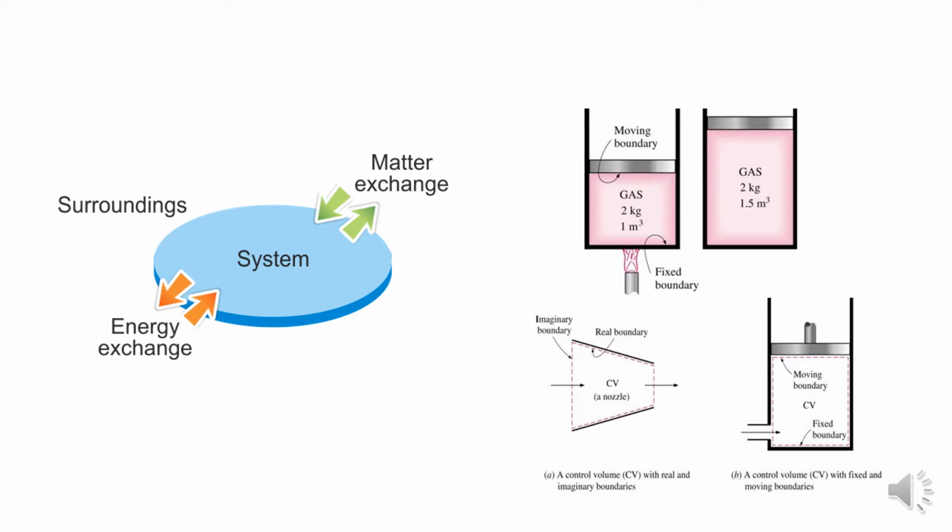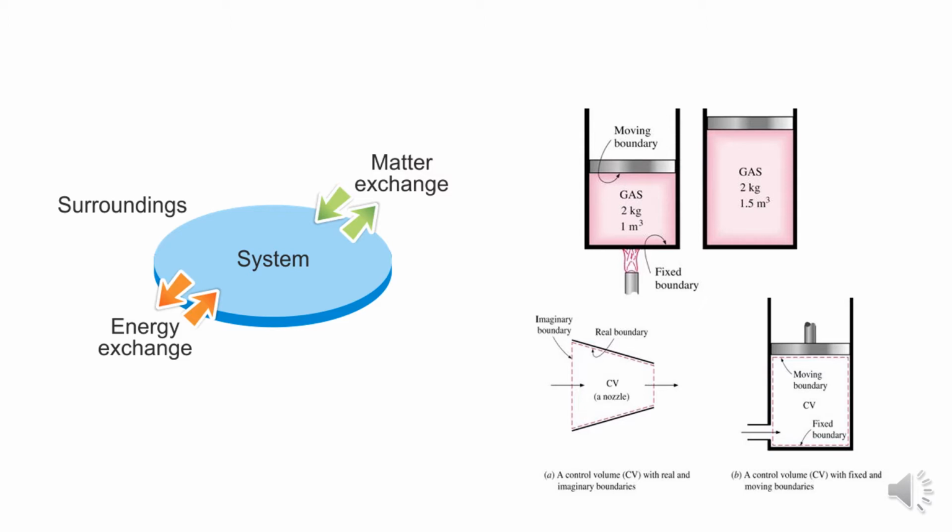Then the system itself can be taken in two different cases. It can be a control volume system, shown at the bottom, with a real or imaginary boundary, or we can take a control mass system, where the mass of the system remains the same even if the volume varies, shown at the top.